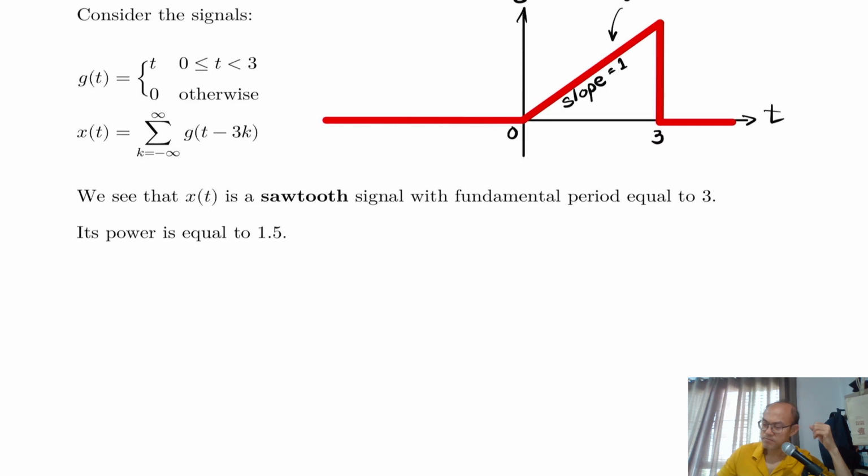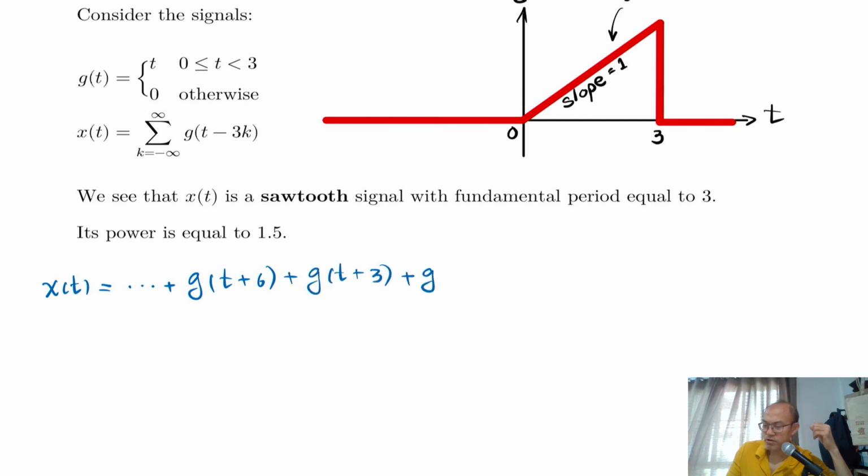X of T is dot dot dot, right? Plus G of T plus 6 plus G of T plus 3 plus G of T plus G of T minus 3 plus G of T minus 6 plus dot dot dot.